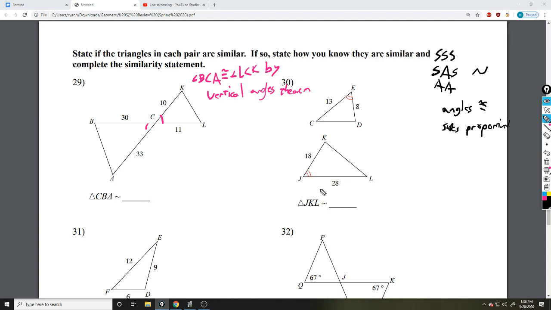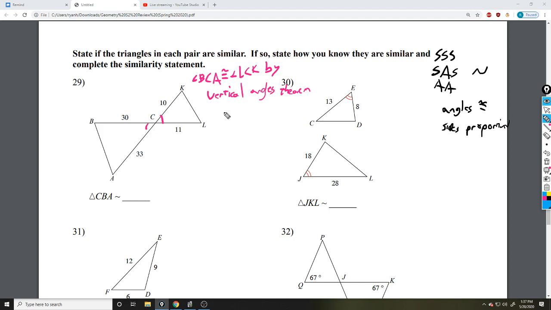That's what we were checking for. And if something doesn't match, then they're not similar. Okay, so we have vertical angles. And now we're going to check some ratios. When we checked these, what I always said was check the smallest side with the smallest side, medium side with the medium side, and largest side with the largest side. All right, that's how we can find and set these up.